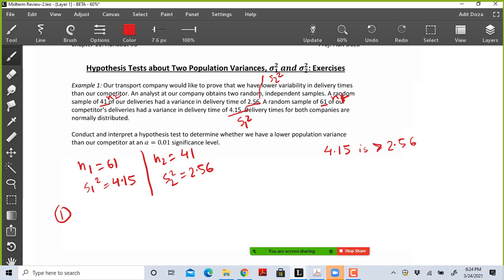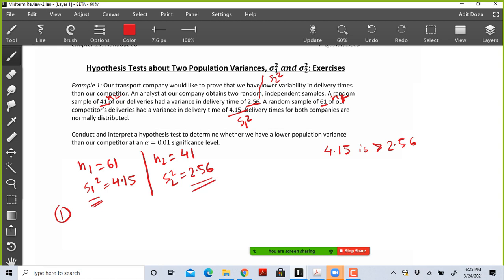And if we have a lower population variance than our competitor, so our competitor is actually this one, right? And we are actually this one, the S2.